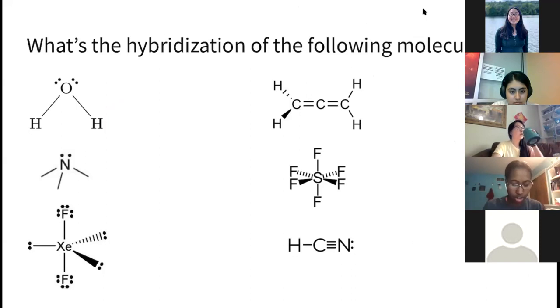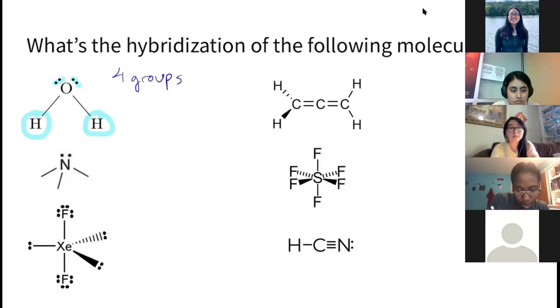Well, for H2O, we can first start by counting the groups that we have around the molecule. So if I can get my highlighter to work, we have 2 lone pairs up here. So those are our first 2 groups. And then we have 2 hydrogens down here. So those are our next 2 groups. So 2 plus 2 equals 4. And we have 4 groups around our oxygen, which is the central atom.